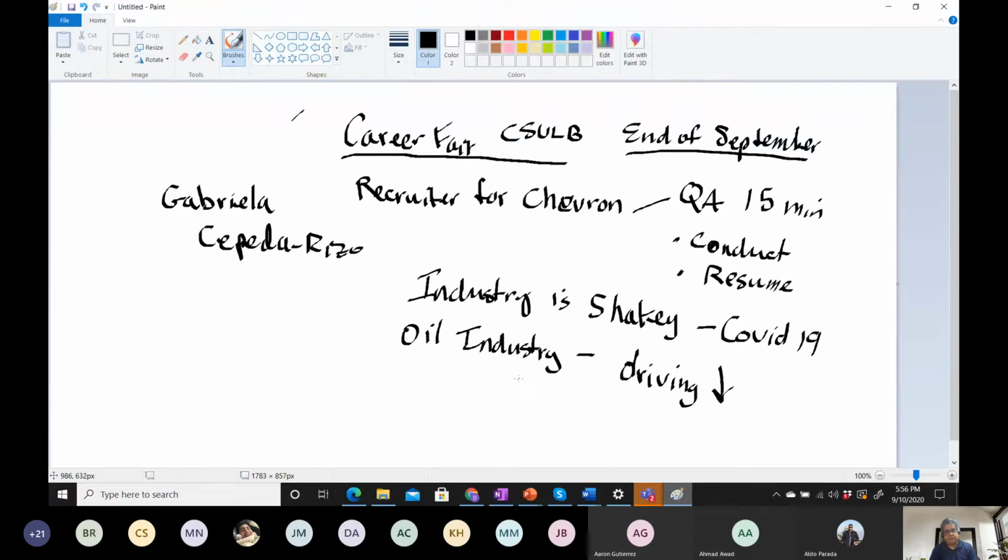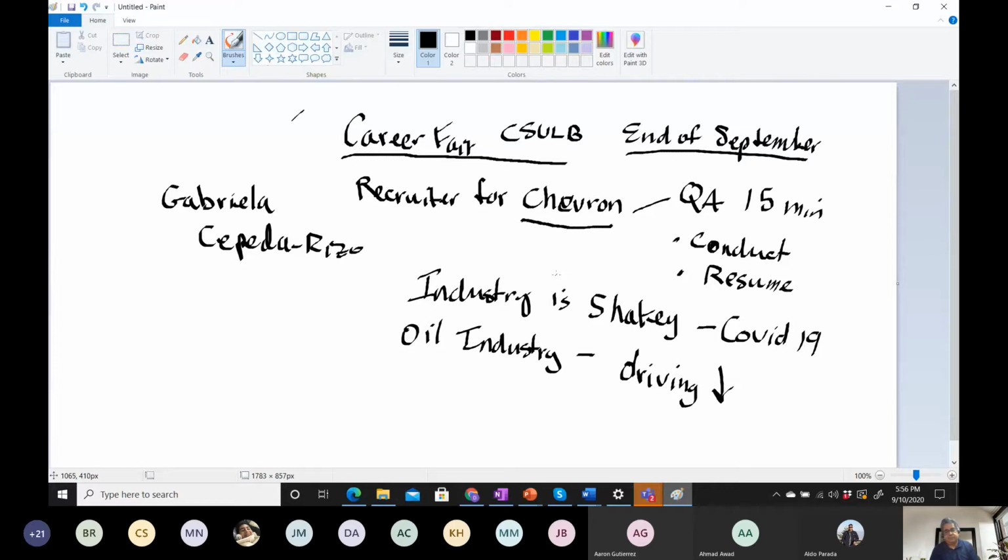Maybe certain delivery transportation is doing pretty good, but for sure the oil industry is suffering, and the restaurant industry. As an engineer, I'm not sure what the other industries are doing, like aerospace. So keep all that in mind and prepare accordingly. Just say you wanted to work for Chevron, because they're a really good company.